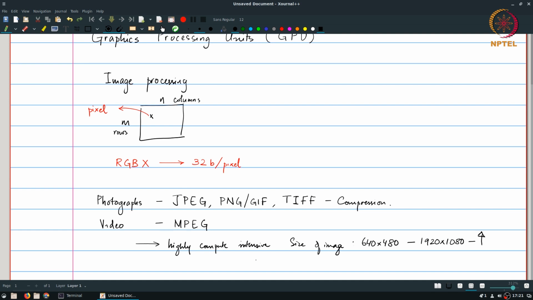And in addition to that, the important point is we also need to deal with the number of frames per second, which could be 30 at the low end to 60 all the way up to something like 120 nowadays. So when you have very high rates of change of images, the sheer amount of data that you need to deal with is so huge that it demands a very significantly large amount of computation.